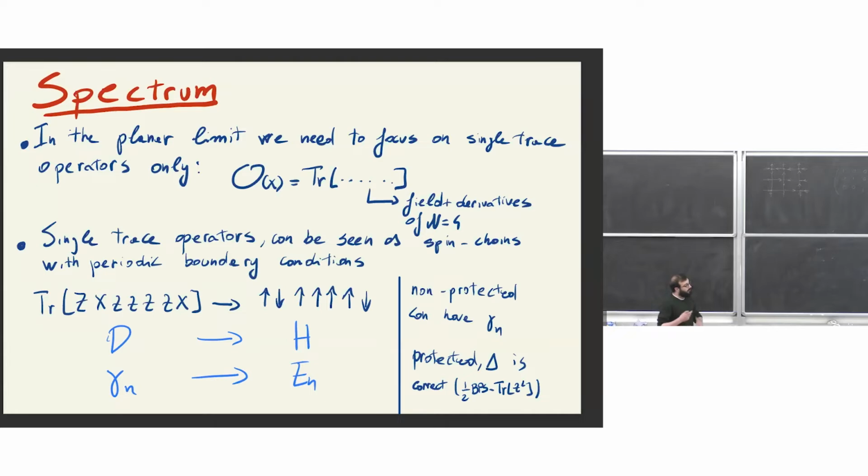These SU(N) when contracted together will give quantities, and you'll see that the single trace operators are the ones that survive this limit. So these are the things that we care about, and luckily enough, these are the easier pieces to study. You can also have double trace, triple trace operators, but as I said, these are suppressed.